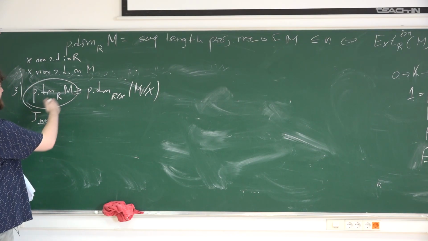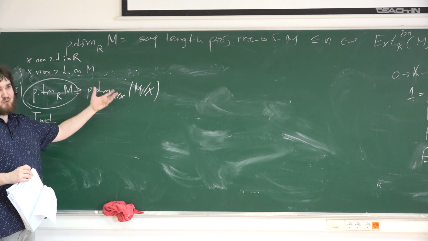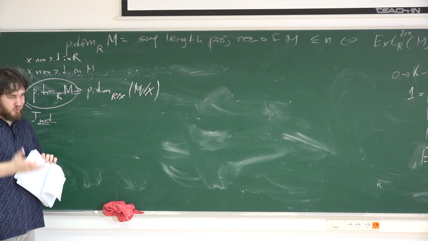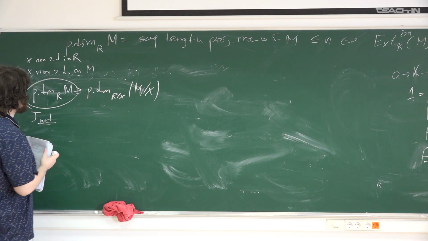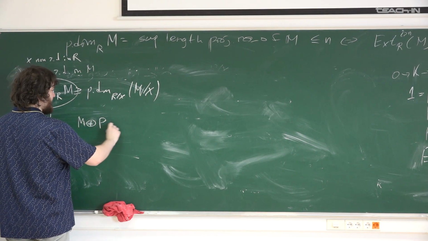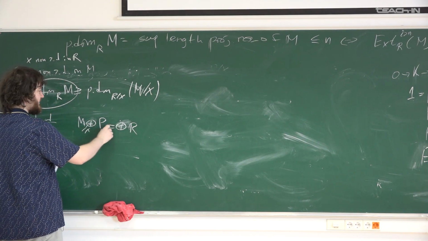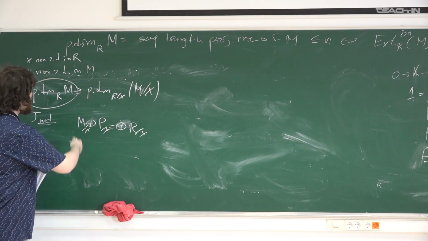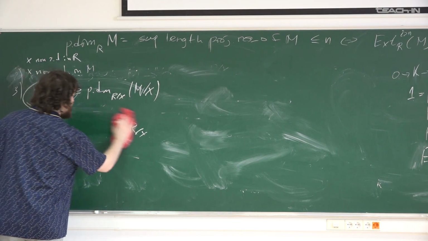If M is a direct summand of a free R module, then M modulo X is a direct summand of the same free module over R modulo X. After modulo by X, we obtain a free module over R modulo X and the same direct summand, plus something is a free module. Then after modulo X, you obtain that it's free. So if this is 0, then this is 0. So the base of induction is okay.